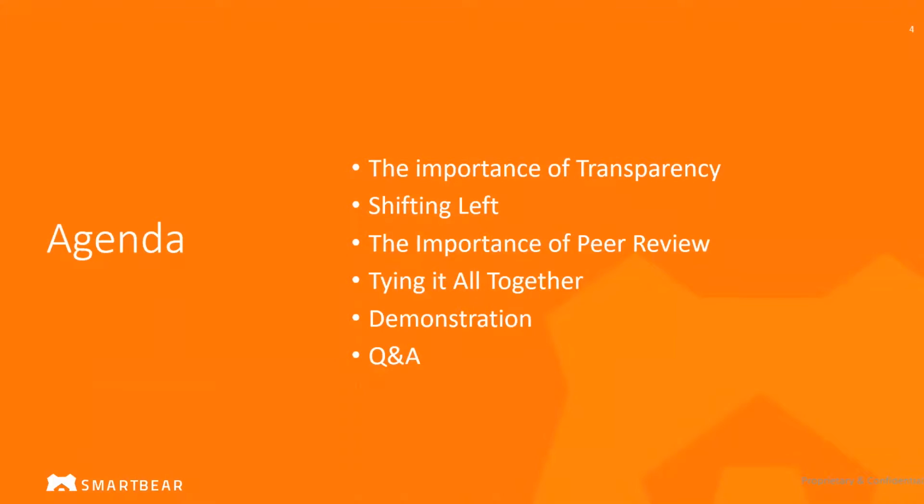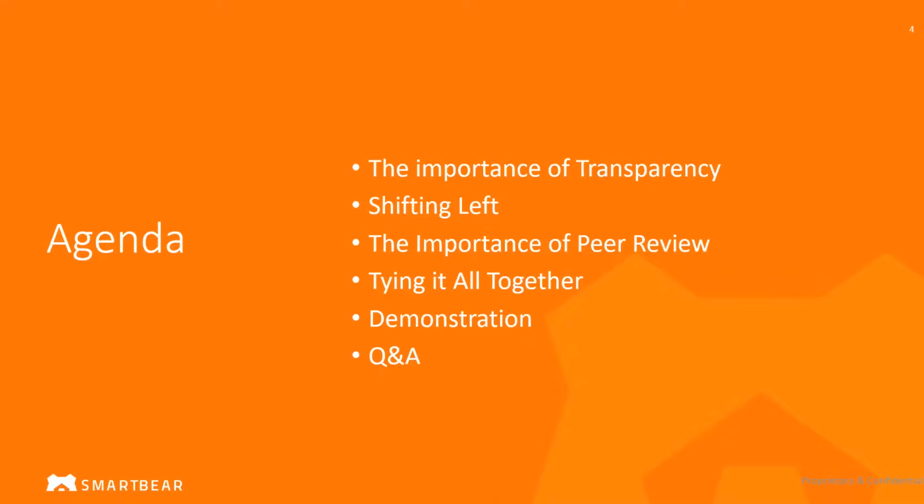Our agenda today, we're going to talk about the importance of transparency in the SDLC. We're going to talk a little bit about shifting left and how discovering defects in your process at the earliest stages can greatly reduce costs of products in release. We're going to talk about the importance of peer review.